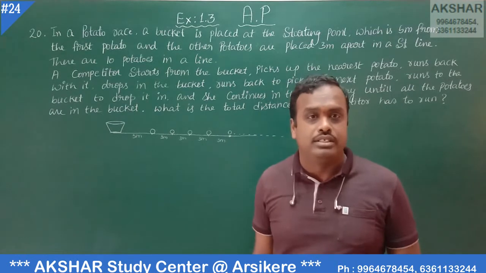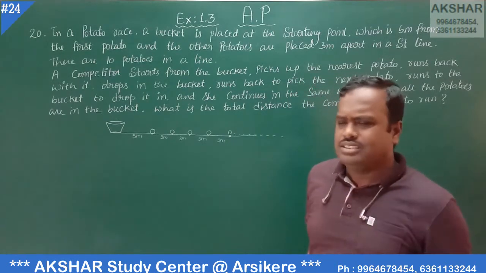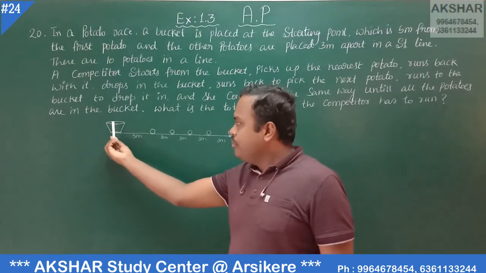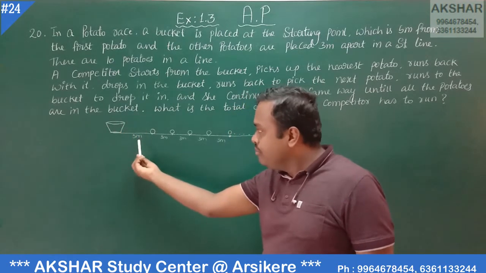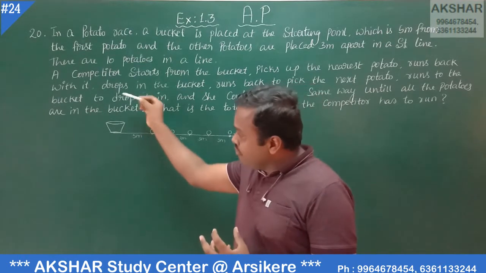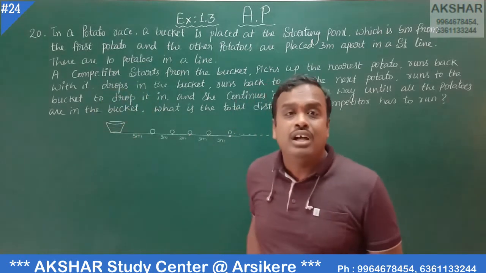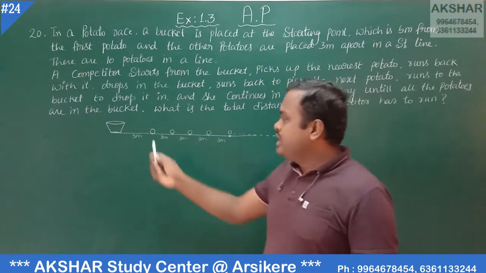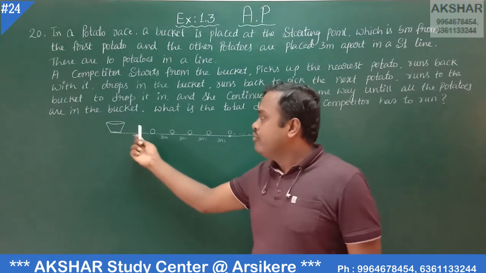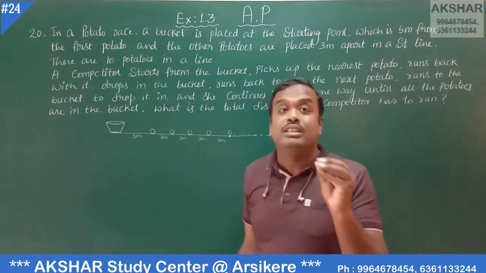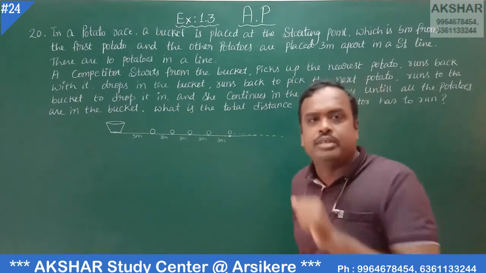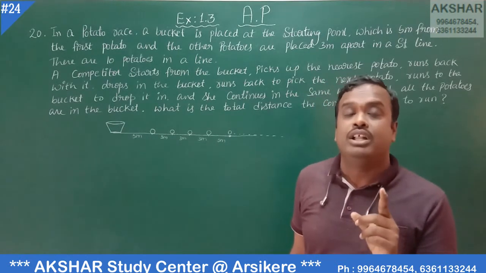He takes that potato, drops it in the bucket, and again runs back. Okay children, let us think, if a competitor starts from the bucket, that competitor has to travel 5 meters to pick the potato and run back 5 meters to drop it in the bucket. That means to pick the first potato and put it in the bucket, the competitor has to travel 5 and back again 5, totally 10 meters.